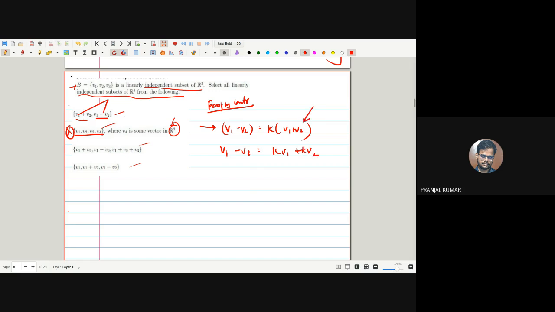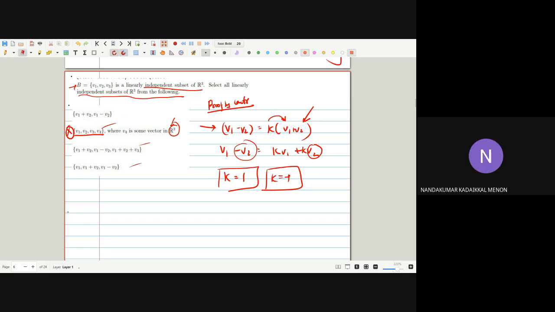Distribute k, and just equate k. So k from v1 is 1 and k from v2, in equating, is minus 1. So k cannot be both, right? So this is false. So this is a linearly independent subset.